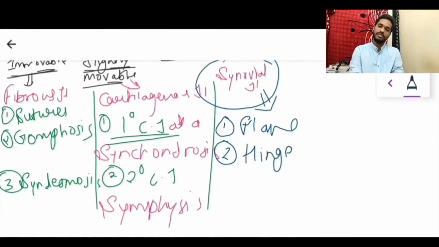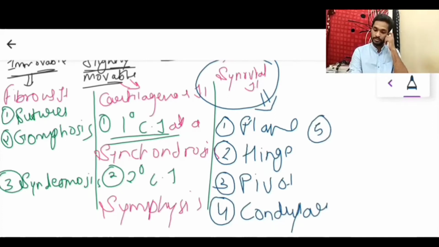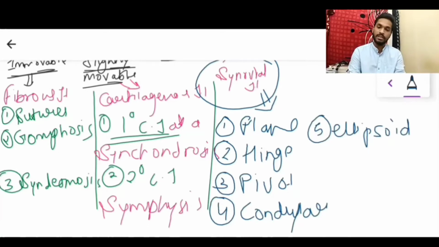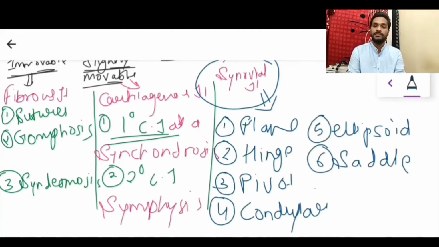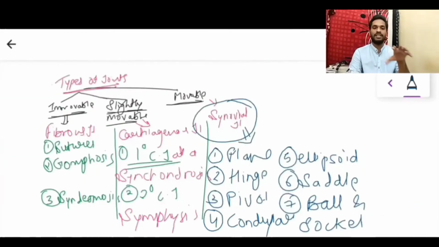So hinge joint, then we have pivot joint, then we have condylar joint, then fifth ellipsoid joint, then sixth saddle joint, and at last everyone's favorite, ball and socket joint. So basically these are the types of joints and the basic classification.